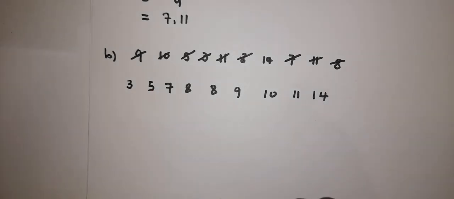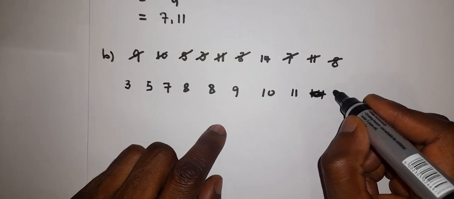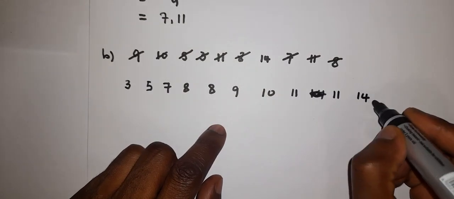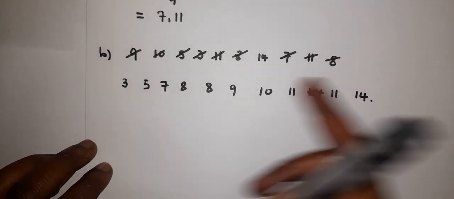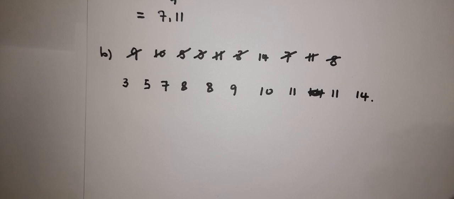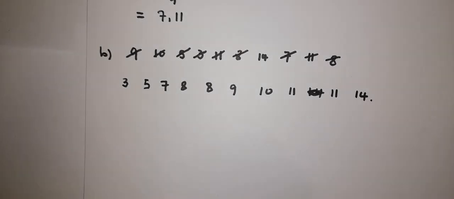So I need to have 2 11s. Before this one, there's supposed to be another 11 and a 14. Grade 10s, this is what I actually meant: count your data to check if you have exactly the same number of points in your arranged data set. So I'm supposed to have 10 here and 10 here as well.